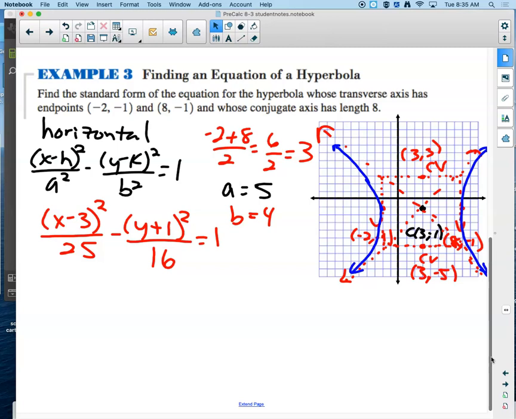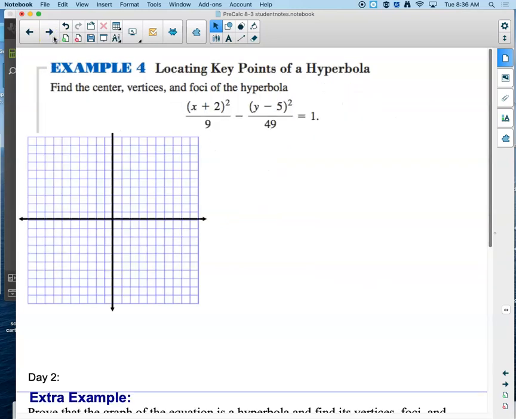Our first translated hyperbola. There it is. All right, so we've got it in standard form, exactly like they wanted. We actually found more information than they wanted. If they needed the foci, we'd just use c squared equals a squared plus b squared, and we'd find it. This one is going to make us do that.